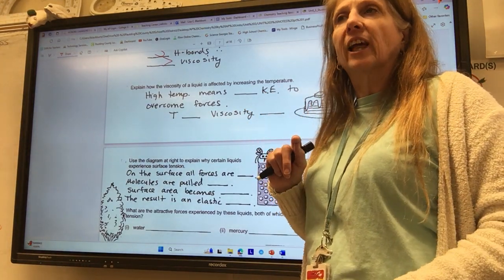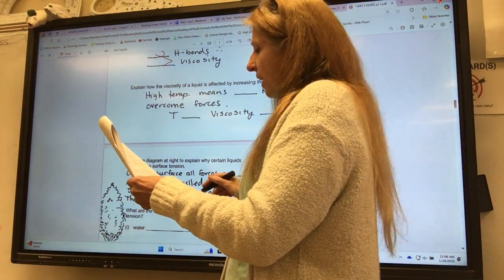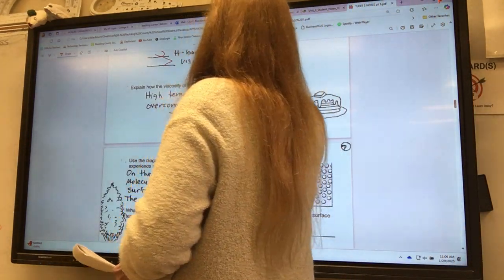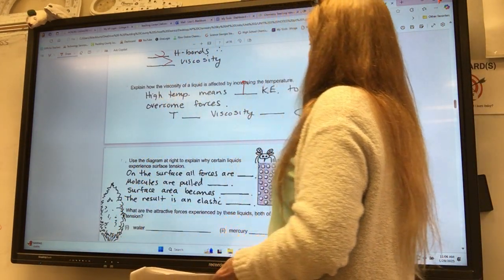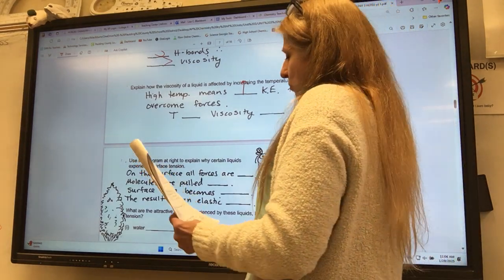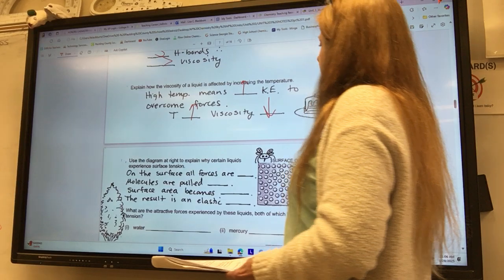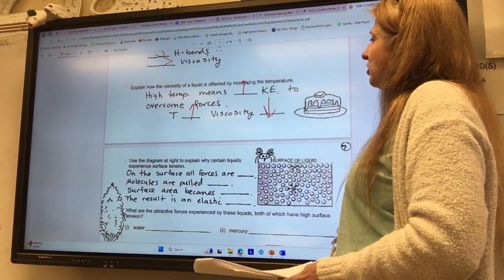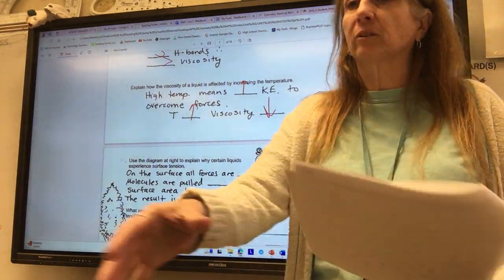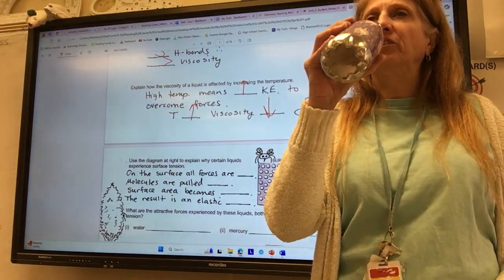You can imagine that, can't you? And it's because of this. High temperature means increased kinetic energy to overcome these forces. So temperature increase makes viscosity decrease. Velocity would increase. Okay, everybody imagining that?